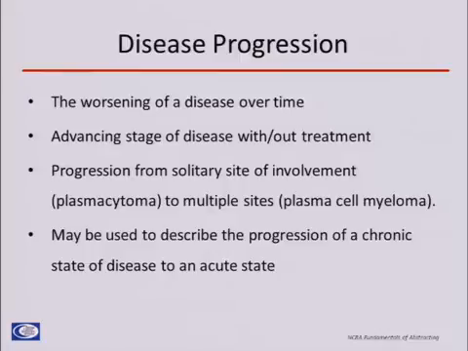And they're treated very differently. However, most folks who are diagnosed with a plasmacytoma within 10 years will develop multiple myeloma or plasma cell myeloma. So it is a progressive disease that they are trying to identify new methods for treating early stage disease so it doesn't have that progression.